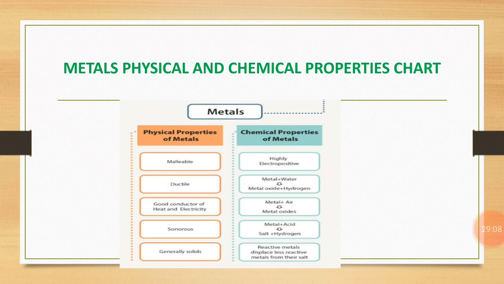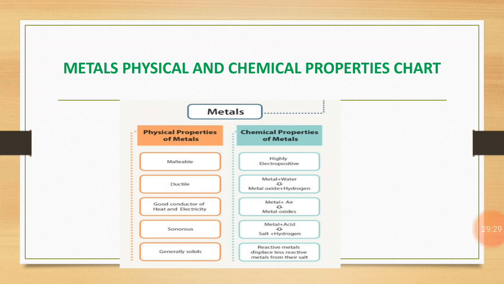There is a formation of magnesium oxide, and when that oxide reacts with water, magnesium hydroxide is formed. We checked the nature of magnesium hydroxide: it turns red litmus paper blue, so it is basic in nature.